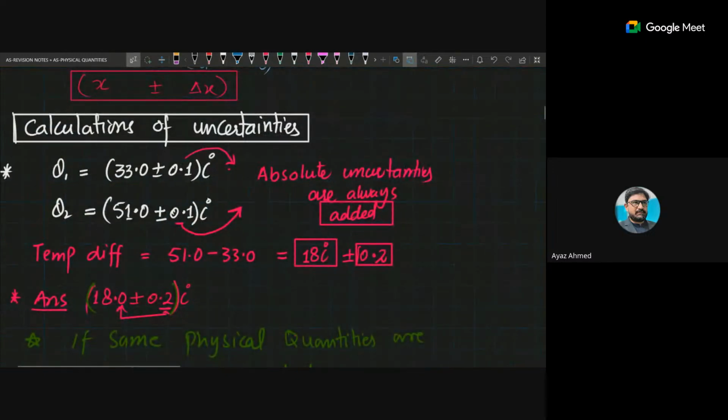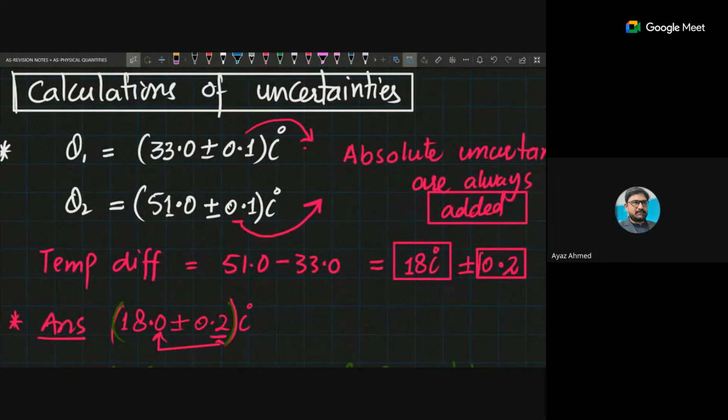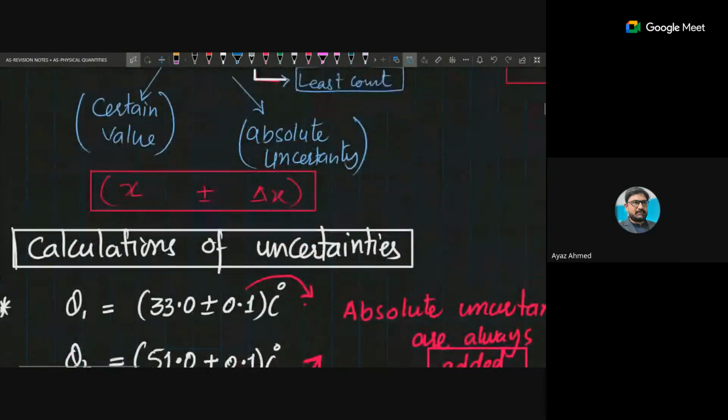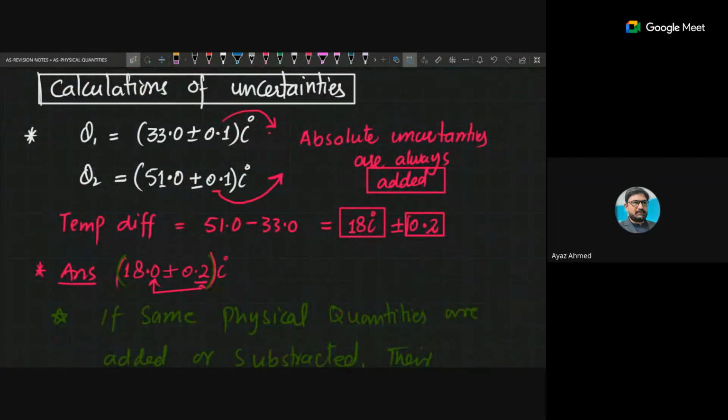Absolute uncertainties are always added for the same type of physical quantities, when they are added or subtracted. This is the situation you have to handle.